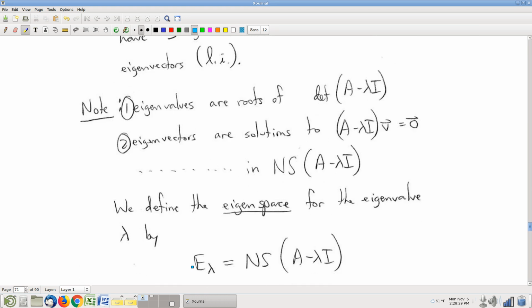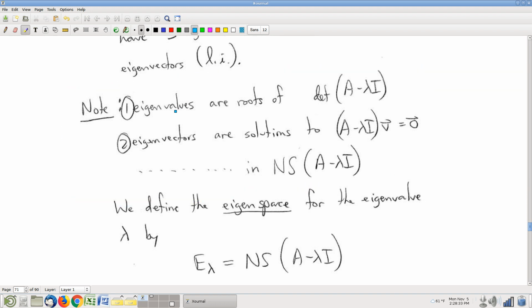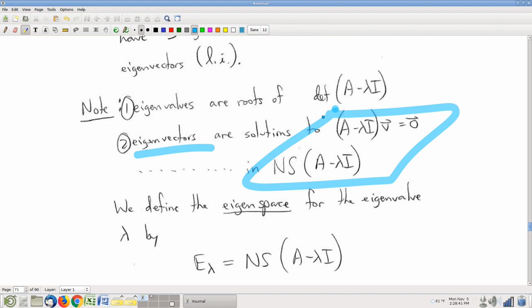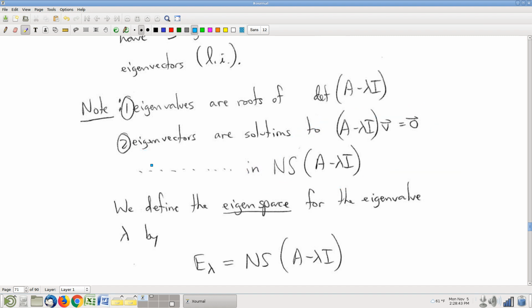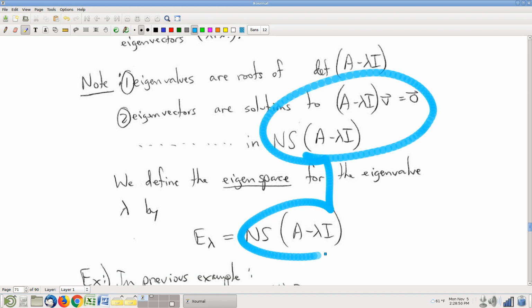So a little bit of terminology. This is just kind of summary of stuff that we've talked about. Eigenvalues are roots of the characteristic polynomials. Eigenvectors are in the null space of A minus lambda I. That's just calculations. So a little bit of lingo. That null space, instead of saying every time the null space of A minus lambda I, it's easier to just give it a more convenient name.